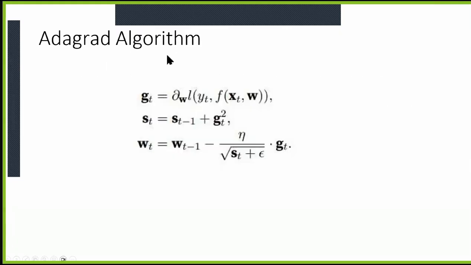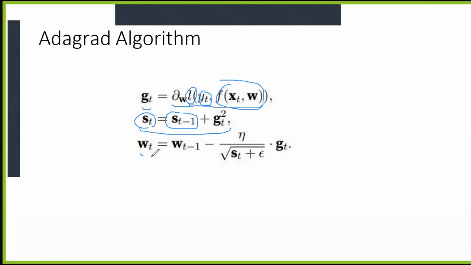So this is the formula for Adagrad. The first formula is just the gradient of the loss function between the true and our output. Then this S term corresponds to the accumulated gradient. One note is that all of these are vectorized.